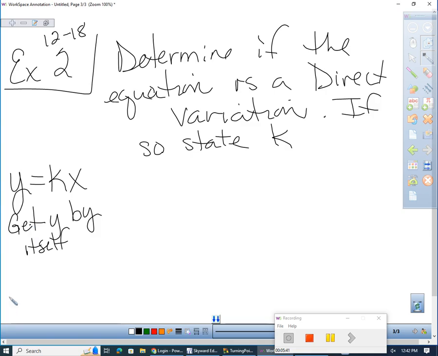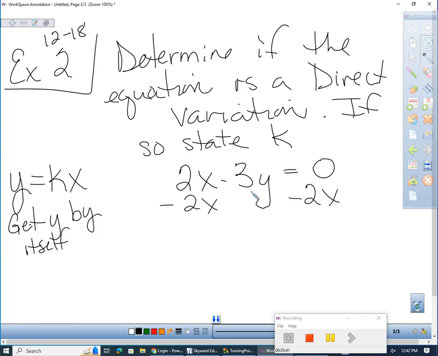So for example, if we have, let's say, 2x minus 3y equals 0. I got to figure out if this is a direct variation. Well, it's not in y equals kx form yet, right? So I got to move some things around. First thing I'm going to do is subtract my 2x to the other side because I'm trying to get y all by itself. So I still have a negative 3y equals negative 2x.